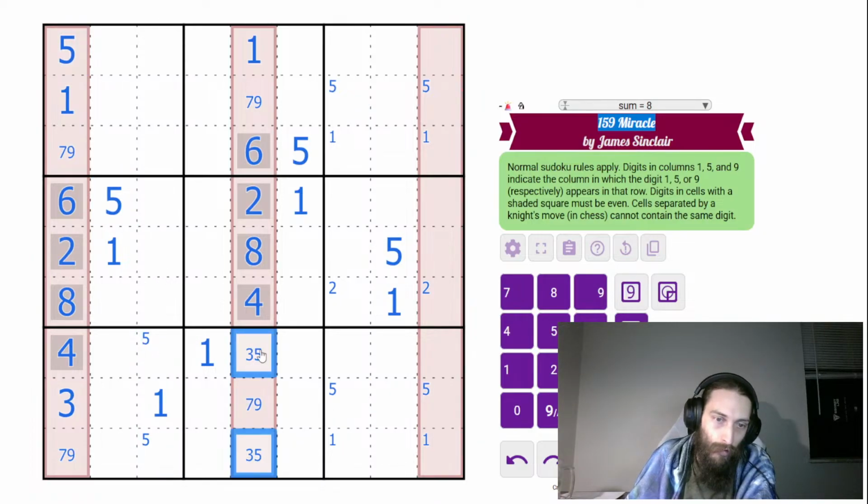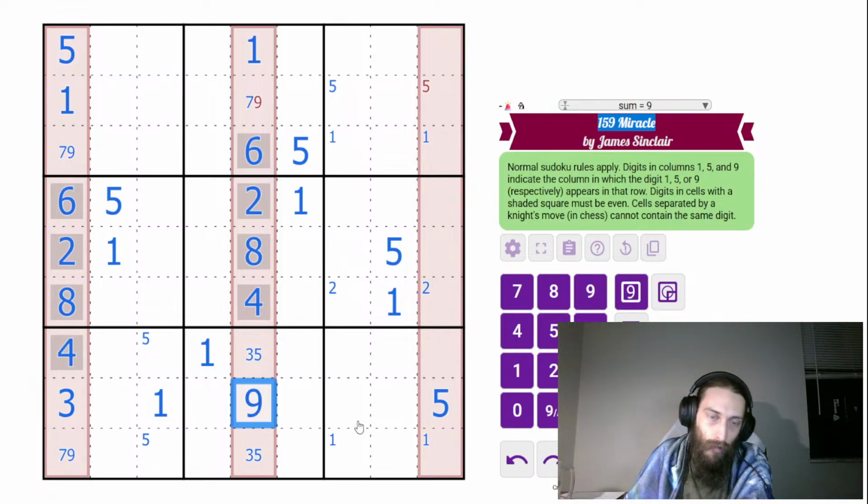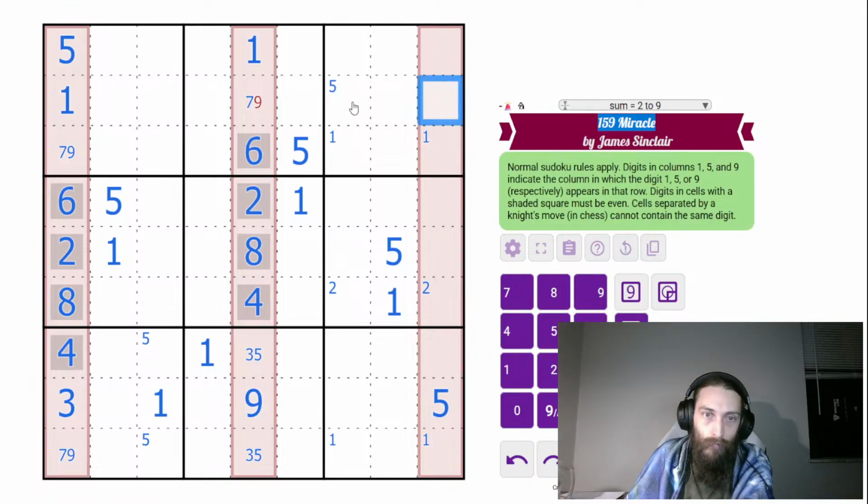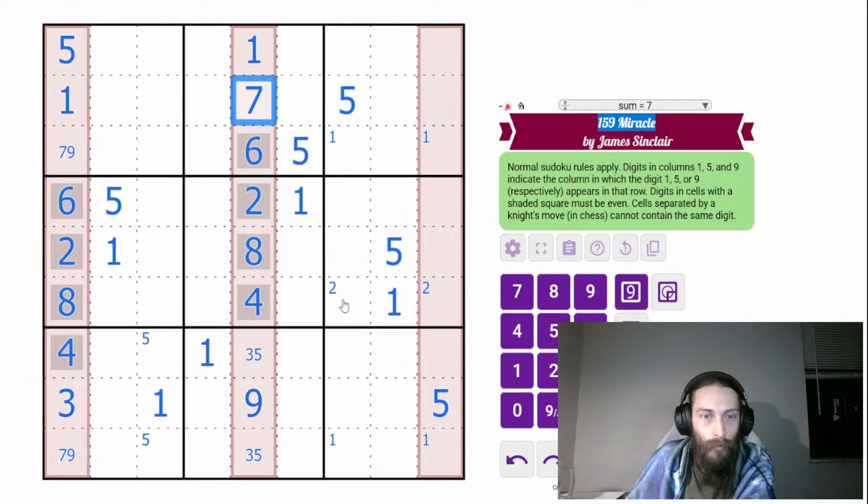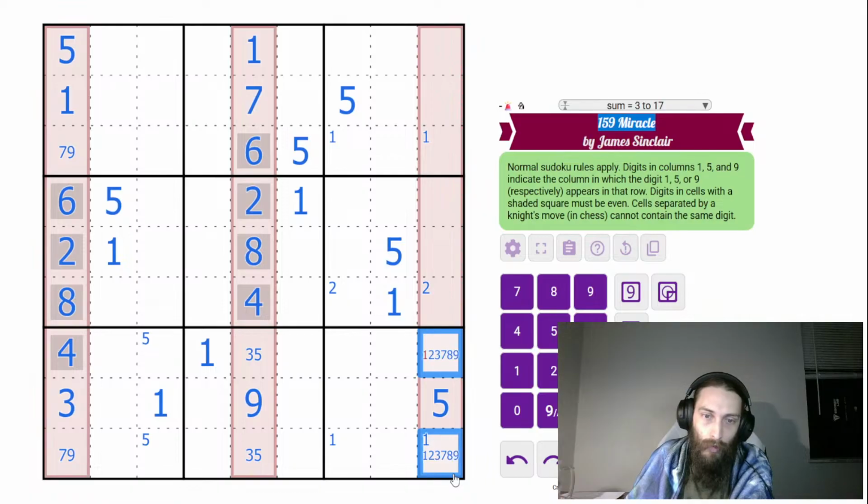Oh. The 3, 5 here takes that 5 out, placing a 9. Places the 5 in box 3. Right. 1, 2, 3, 7, 8, 9. 1 is not allowed.